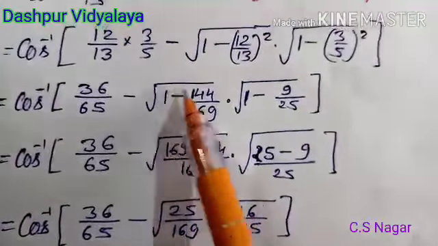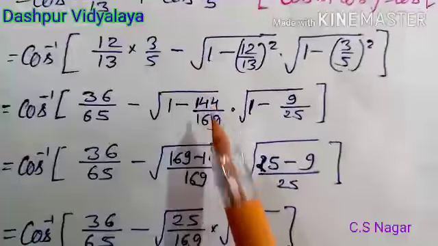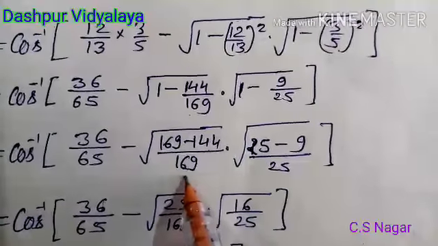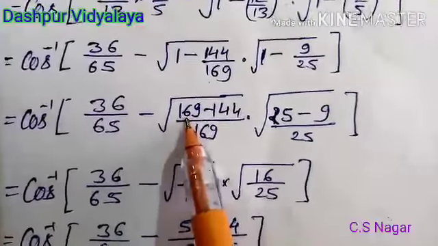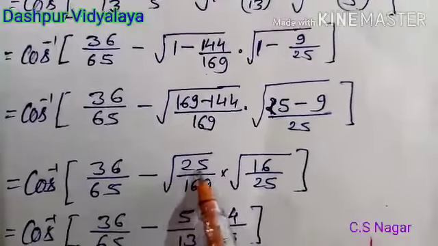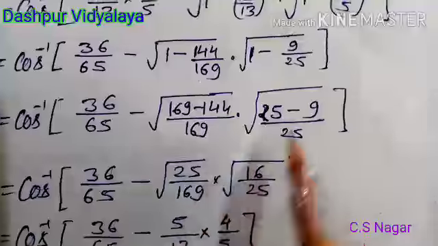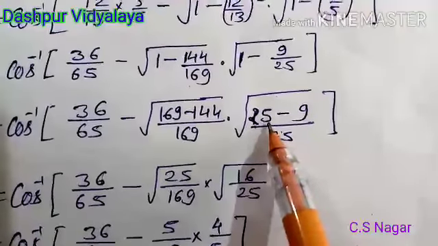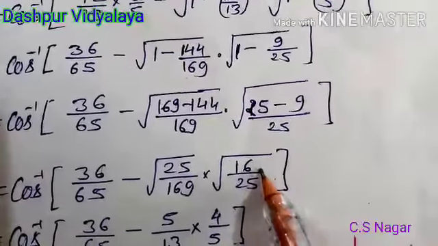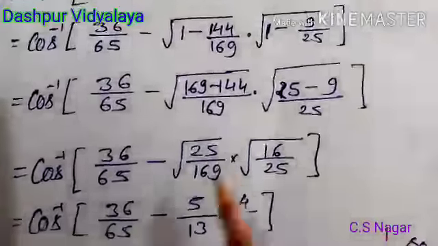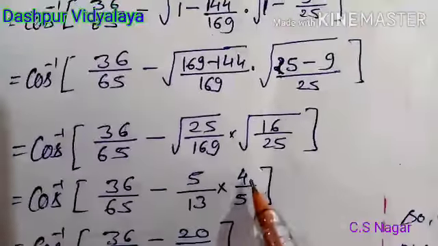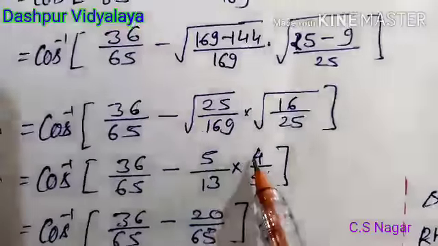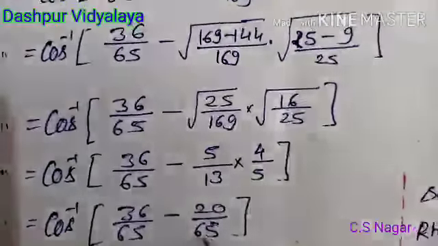Now take LCM: under root 169 minus 144 whole upon 169, and here 25 minus 9. 169 minus 144 is 25 upon 169, and 25 minus 9 is 16. By taking square root, it will be 5 by 13 and this will be 4 by 5. So 4 into 5 is 20, 13 into 5 is 65.